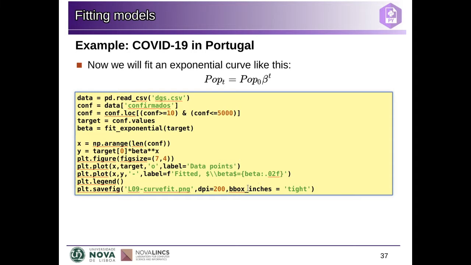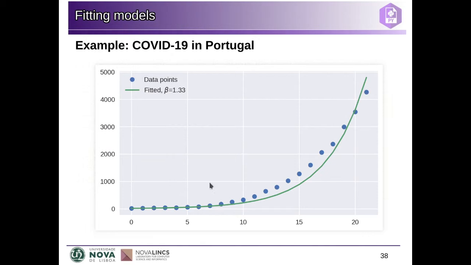I put the beta there, and then I also use this inside of an F string so that I can insert the actual value of the variable with 2 decimal places. So if you know a bit of LaTeX, you can format your legends and titles and so on, and include equations, include these kinds of expressions in your plot.